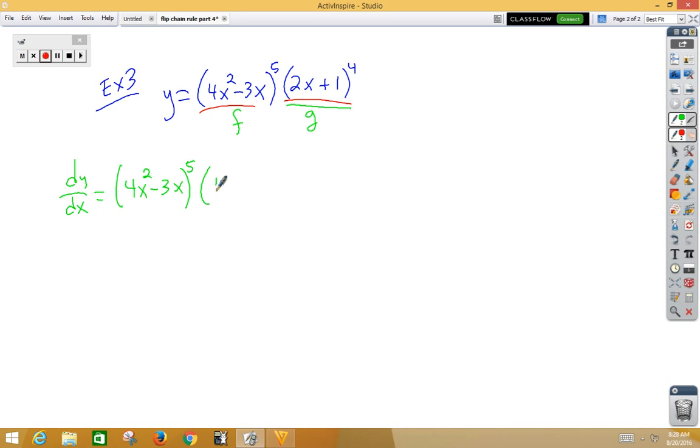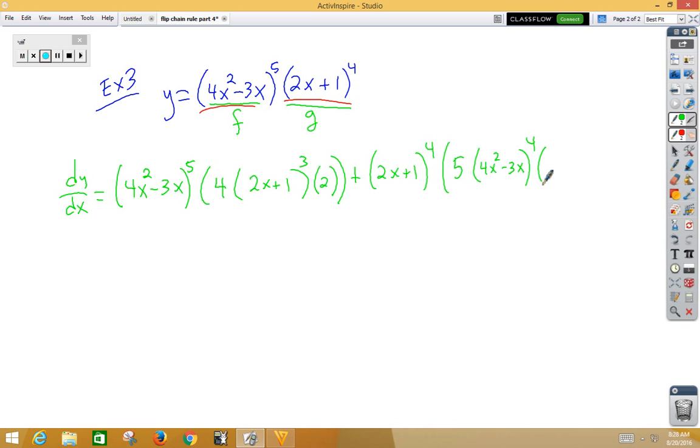So we have 4 something to the third power, don't change the inside, multiply by the derivative of the inside, plus our second function, 2x plus 1 to the fourth, multiply by derivative of the first function. So again, we've got 5 something to the fourth power. Don't change the inside function, multiply by the derivative of the inside function.